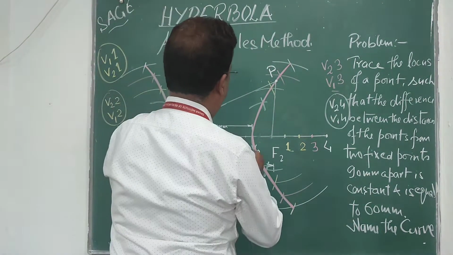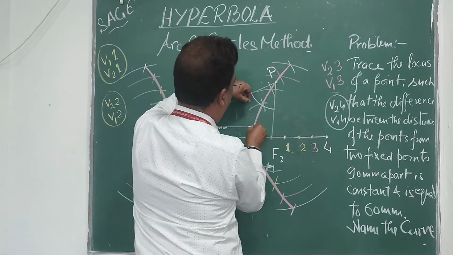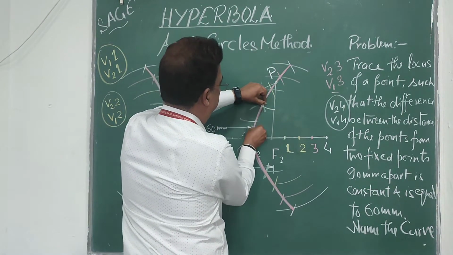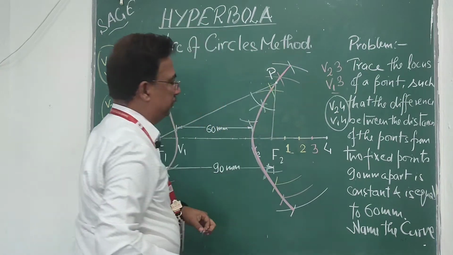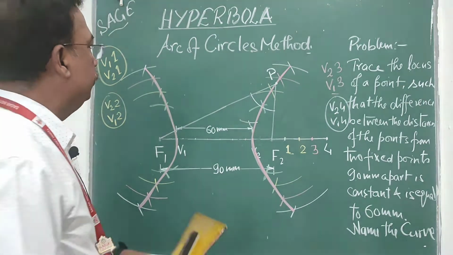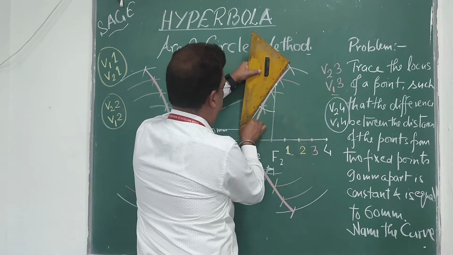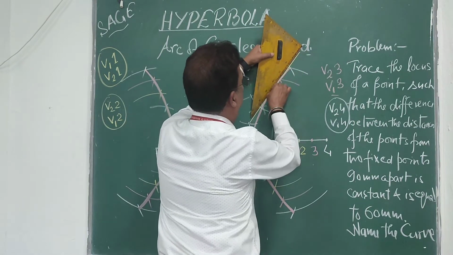Take one arc, then again with the same radius mark the arc on this, and join this point with P. This line will be the tangent.